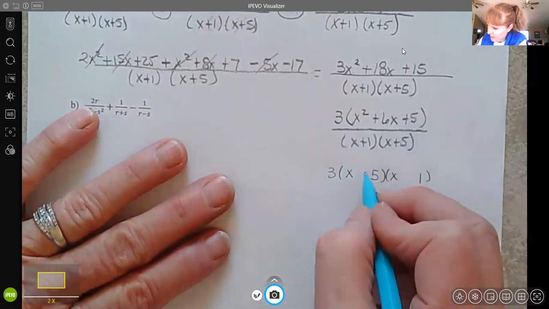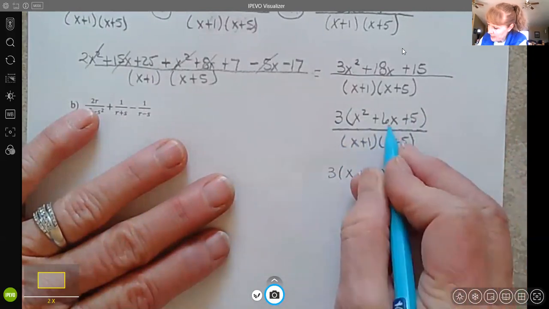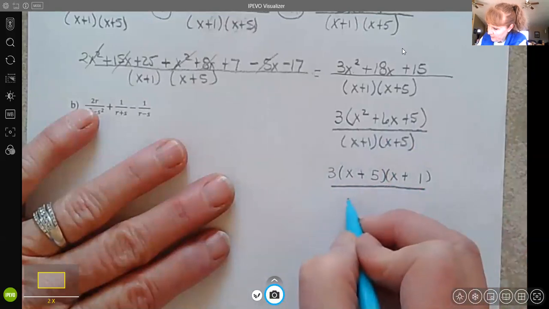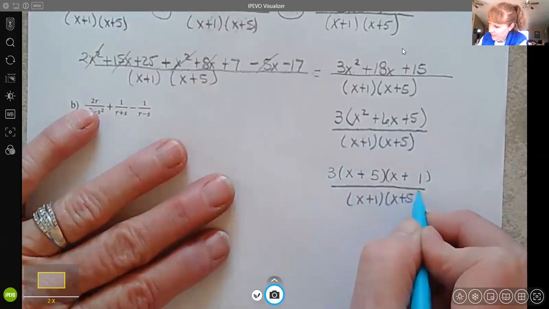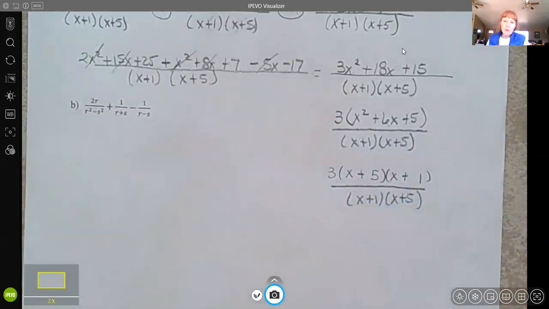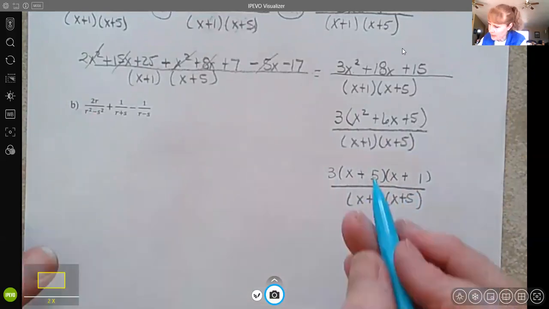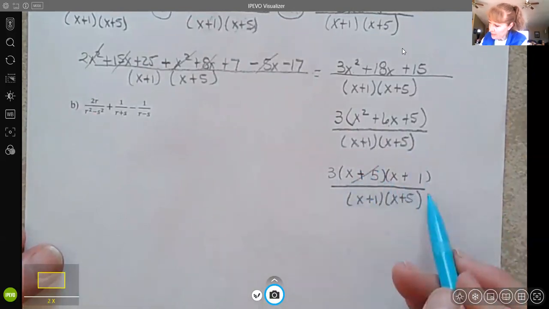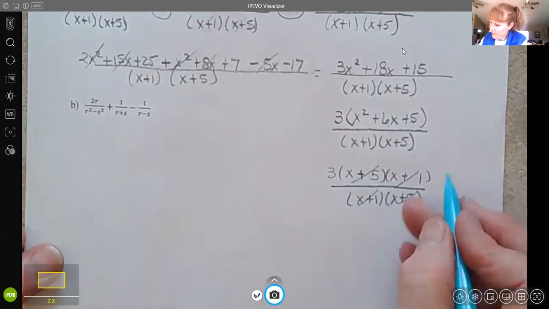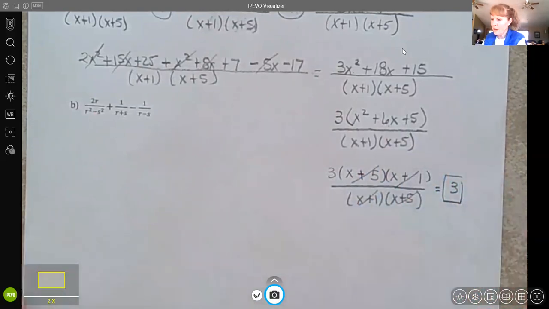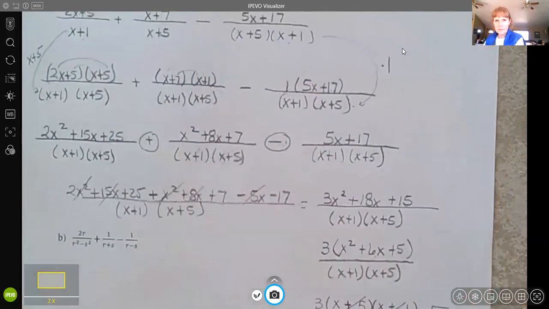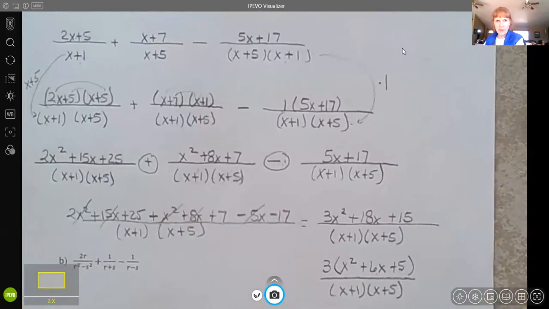And plus, that does give you the 6x. x plus 5. So I pulled out the greatest common factor, and now I'm factoring what's left, and it looks like that's a plus there. This cancels, and your answer is 3. Wow. All of that work to come up with a 3.